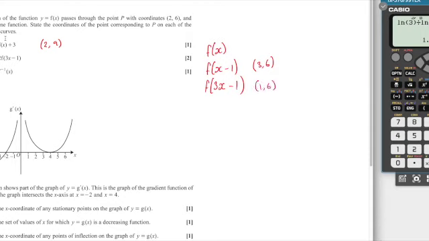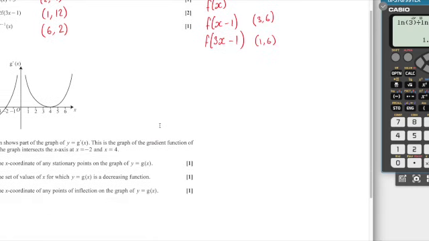And then I'm outside, so I'm going to do it to the y coordinate, and I'm going to multiply by 2, so that is going to be 1, 12. Y is the inverse function, so the inverse function is a reflection in the line y equals x, so that means this is going to be 6, 2.